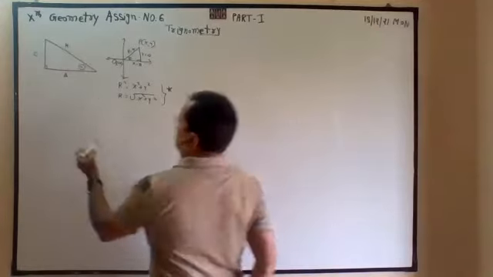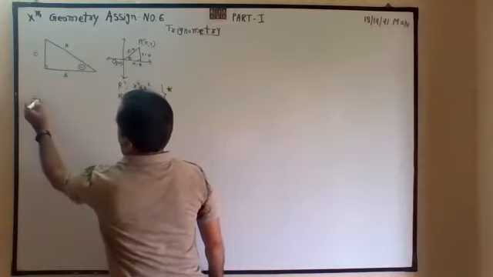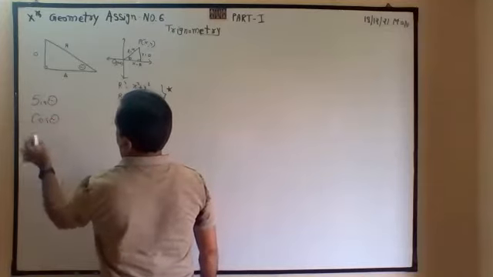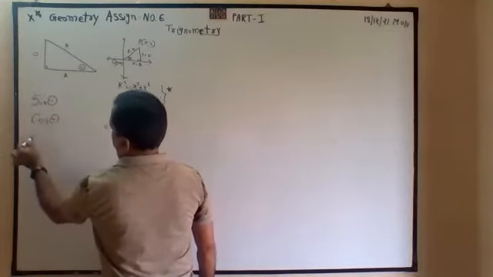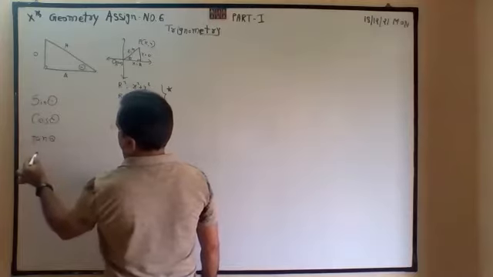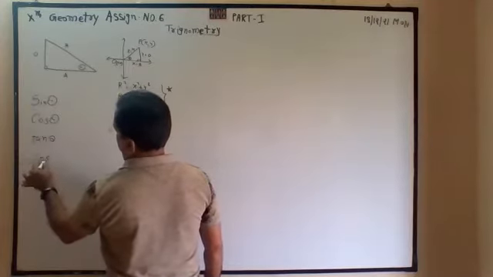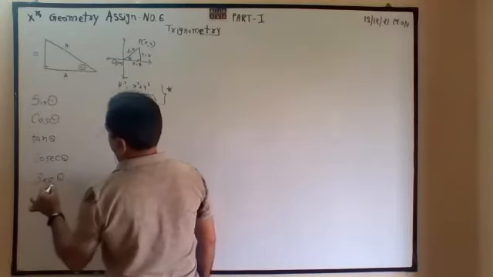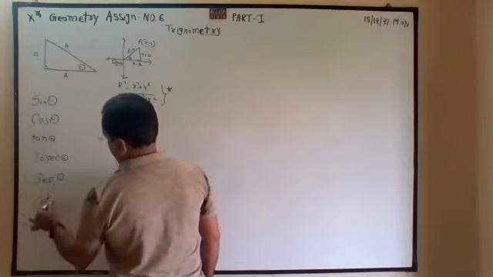So the first basic two ratios: sine theta, cos theta, then tan theta, then the inverses: cosec theta, sec theta, cot theta.